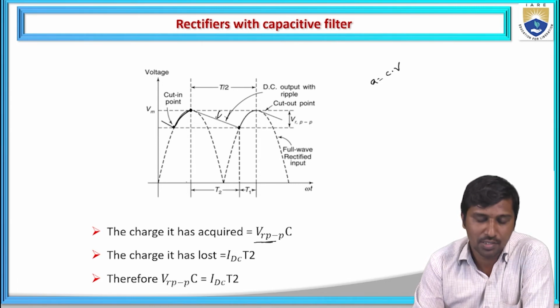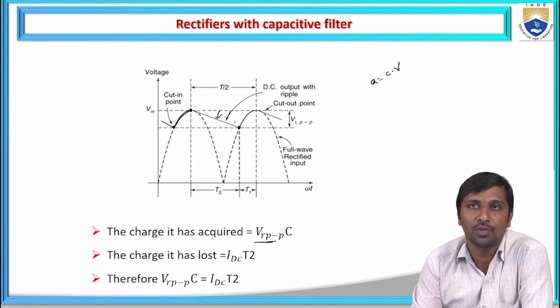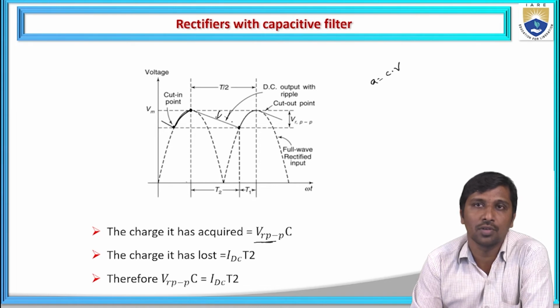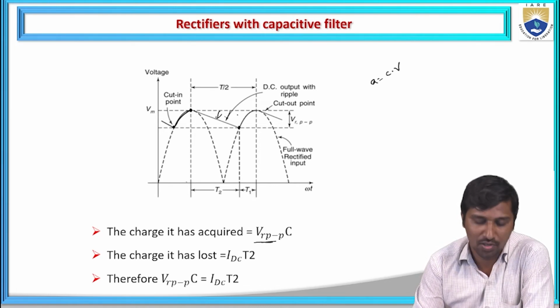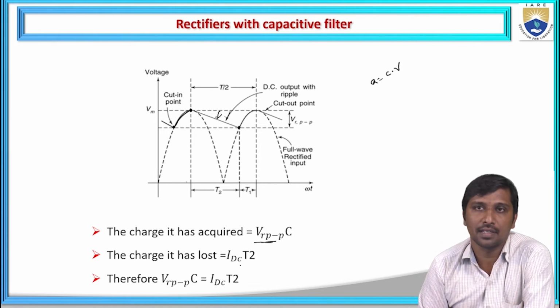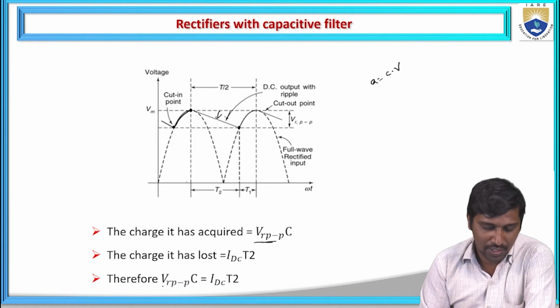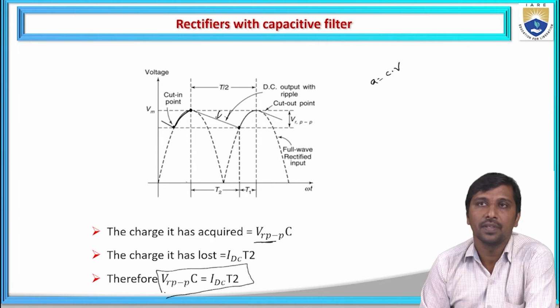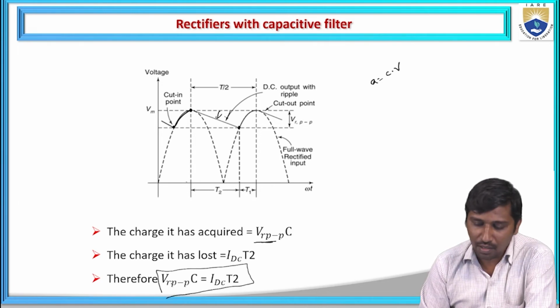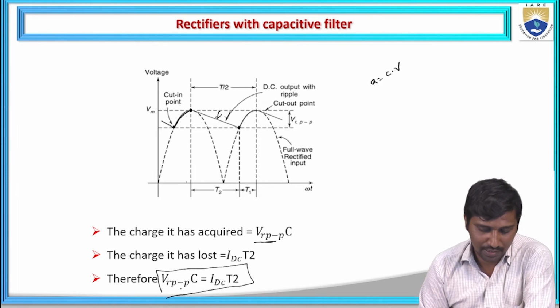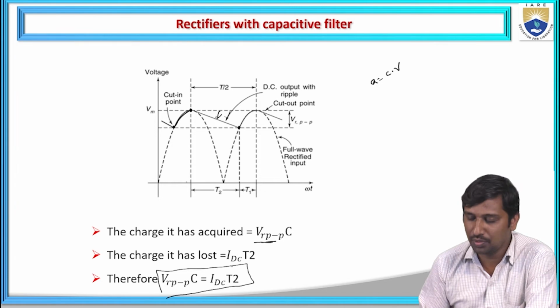While discharging, it loses an amount of charge. That loss is represented as IDC into T2. Hence, we assume the charging time is equal to the discharging time, so it is represented as VR peak to peak into C is equal to IDC into T2.